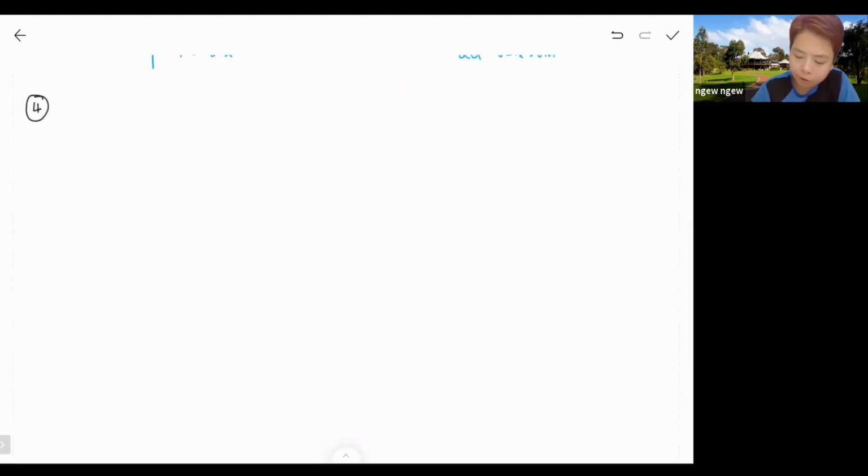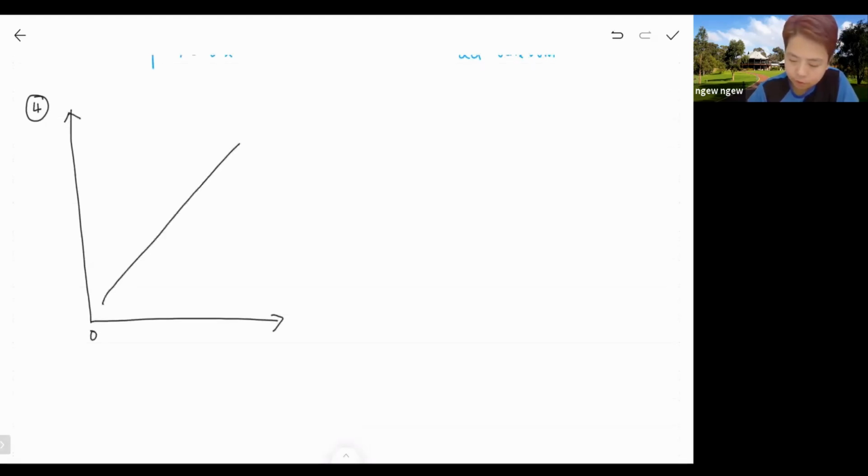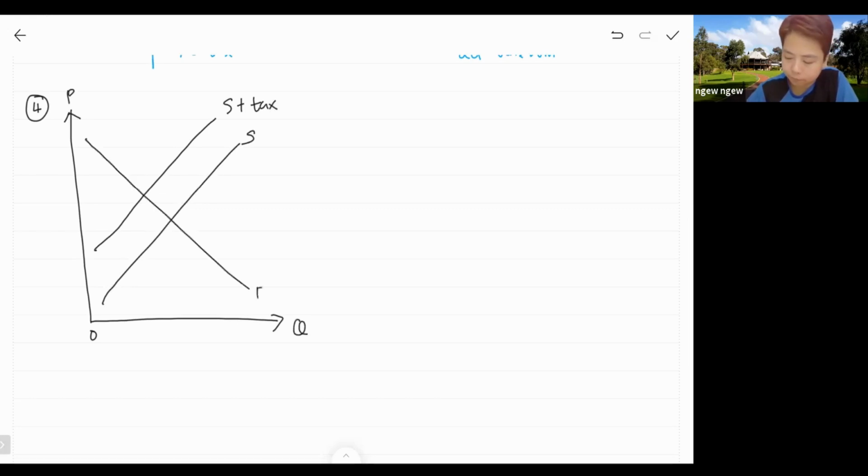Firstly, let me draw the basic diagram first. As we always assume a specific tax when showing in our syllabus. Label the basic P and Q, original price, new price and new quantity. Now let's follow the steps.